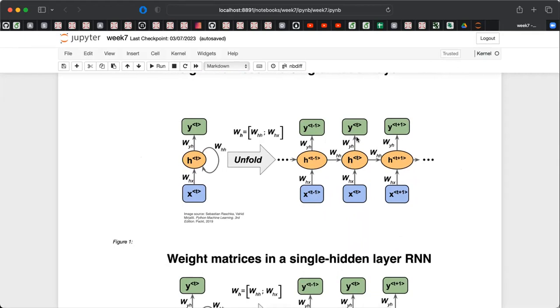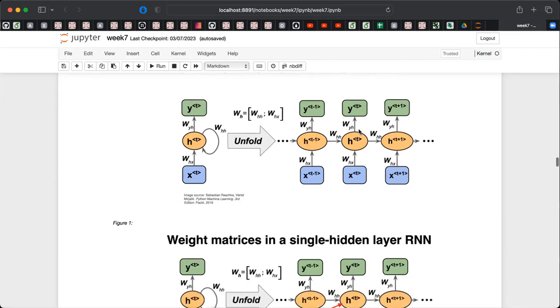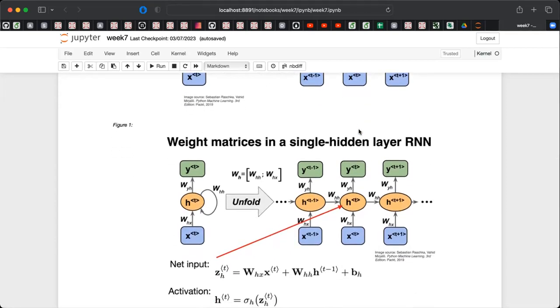And then you have weights which connect the hidden layer H with the output layer. The output layer produces your model output Y, which is then compared with a target value through a cost function, which we want to optimize.